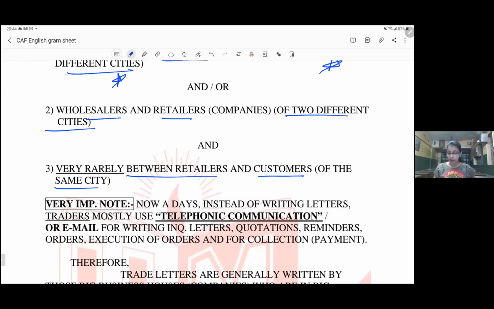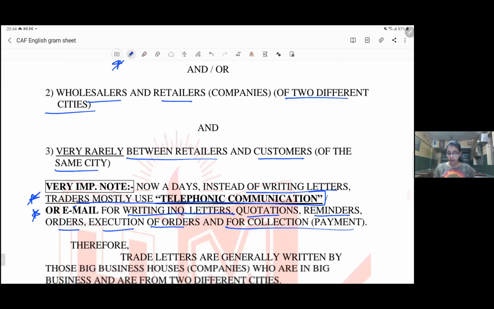Nowadays, instead of writing letters, traders mostly use telephonic communication or email for inquiry letters, quotations, reminders, orders, execution of orders, and collection of payment.